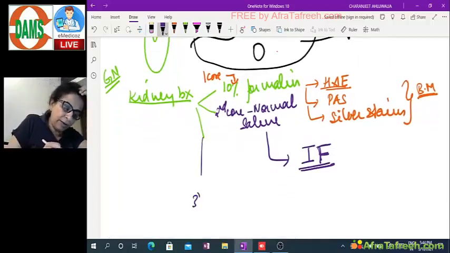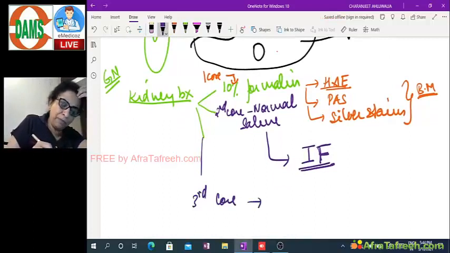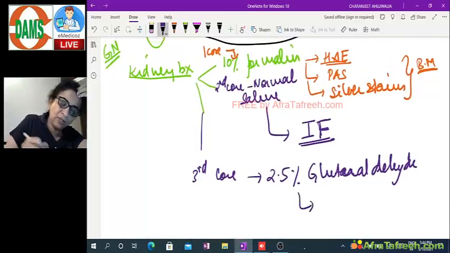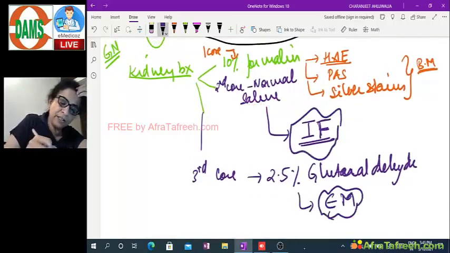And third core of kidney biopsy, you will put it in 2.5% glutaraldehyde. And now this will go for electron microscopic examination.